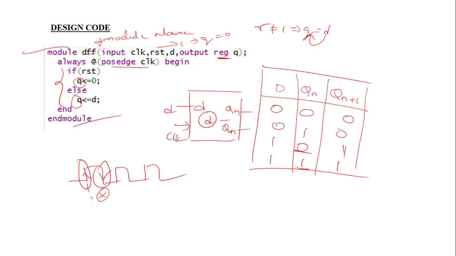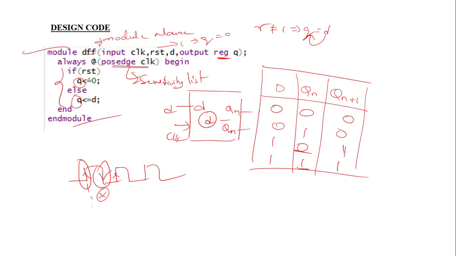Again, it is going to be executed whenever the positive clock is activated next time. So that's why we call it a sensitivity list. So whatever variables we use in the sensitivity list, whenever there is a change in the sensitivity list input, only then our always block is going to execute. If there is no change, then it does not execute at all.